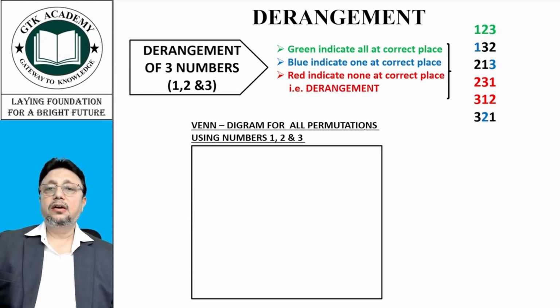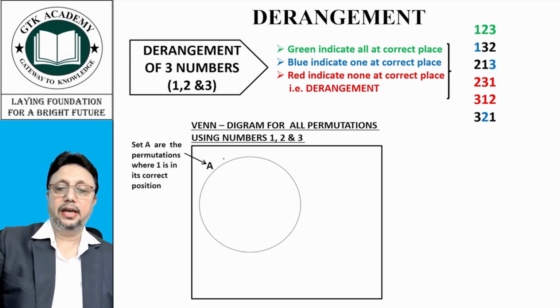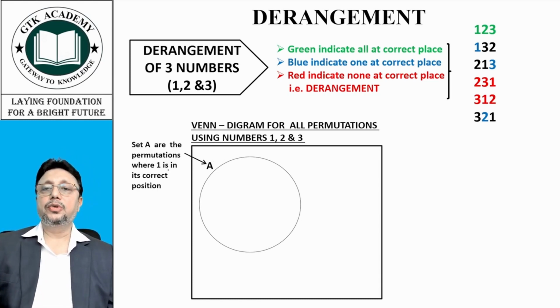Now we take one set where 1 is at its correct place, and we call that set A. That means set A are the permutations where 1 is in its correct position. So which will be there? 1, 2, 3, this one and this one.